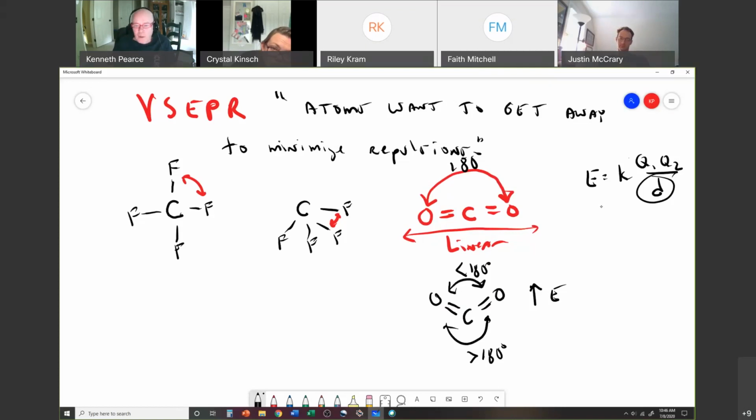Now, these bond angles, and since y'all are sciencey kind of people, this 180 degrees represents an average. This molecule actually wiggles. These guys actually wiggle back and forth. Let me draw it back over here. This actually wiggles like this.